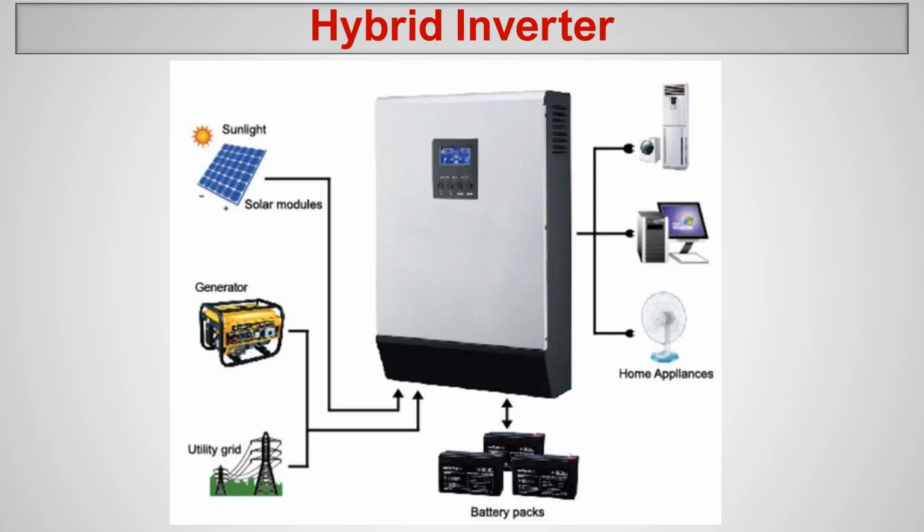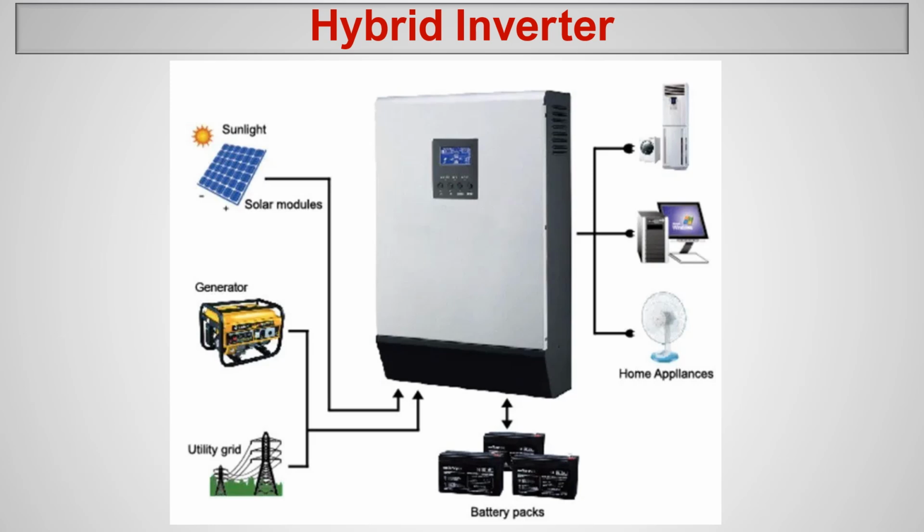I'm Dr. Nathan. Today we are going to discuss hybrid inverters. Hybrid inverters can perform both functions, converting from DC to AC and AC to DC. It can convert the current in both directions, and this is one characteristic.